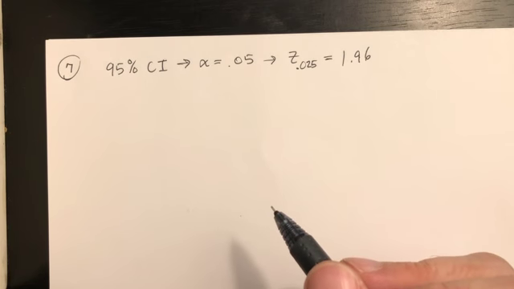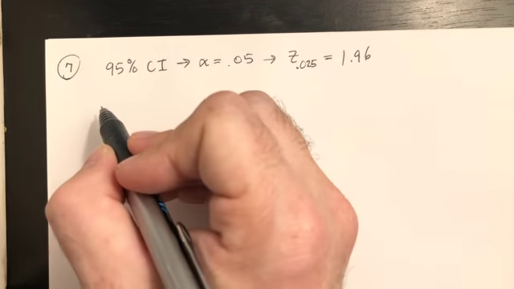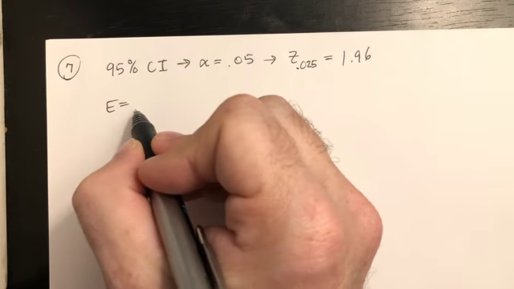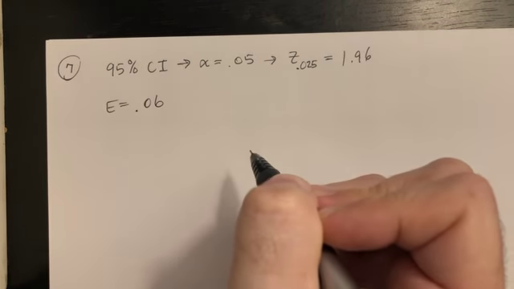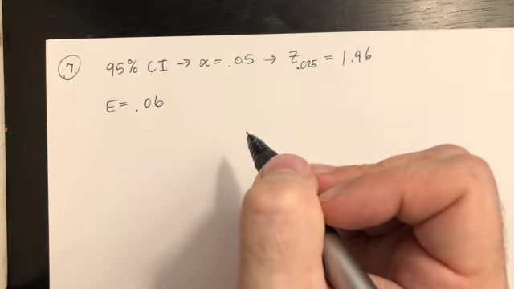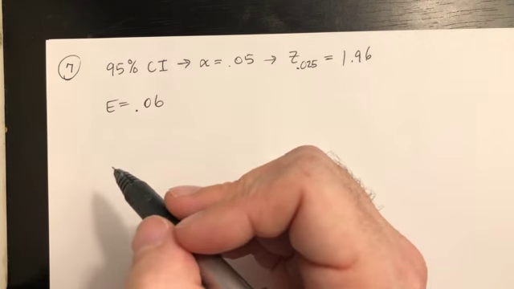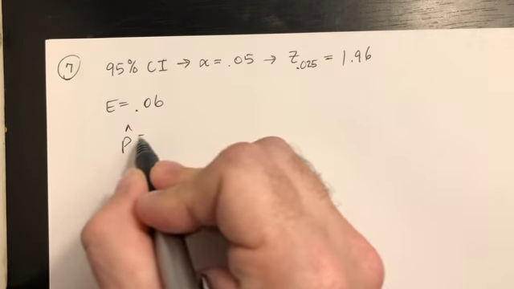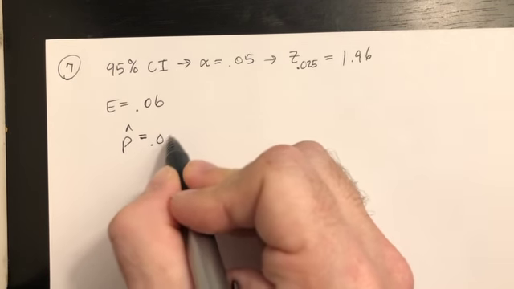What else they give us for number 7? They don't want to differ from the true proportion by more than 6%. So the error is 6%, 0.06. And the previous study indicates that the proportion is 8%. So they have a point estimate. 8% is 0.08.